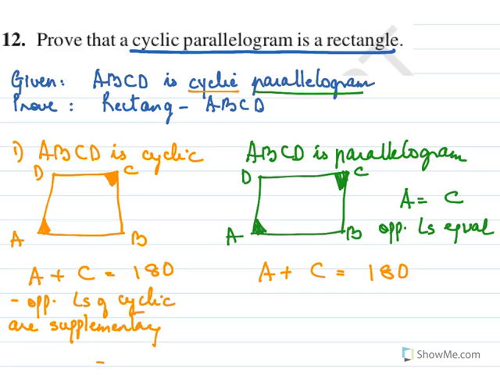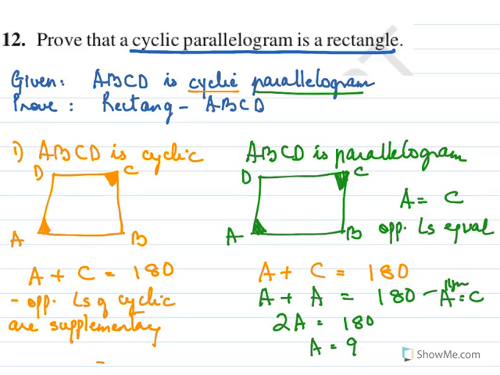Now A equal to C, that means I can write A plus A equal to 180 because A is equal to C. It is a parallelogram. So 2A equal to 180, A will be 90. Now if A is 90, C also will be 90, opposite angles are equal. B also will be 90 because it's supplementary, and D also will be 90.